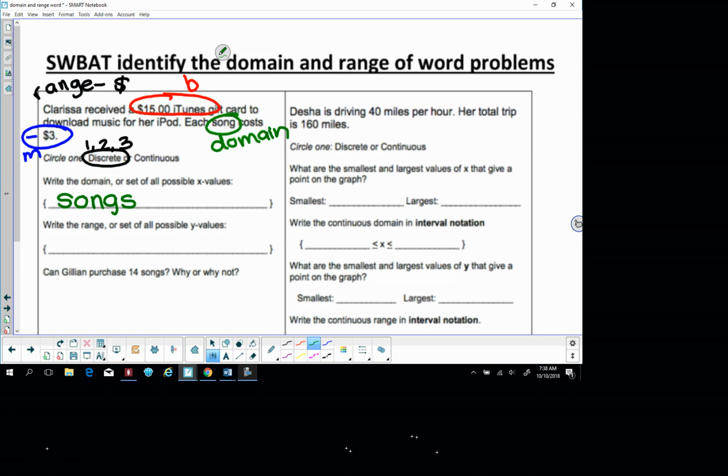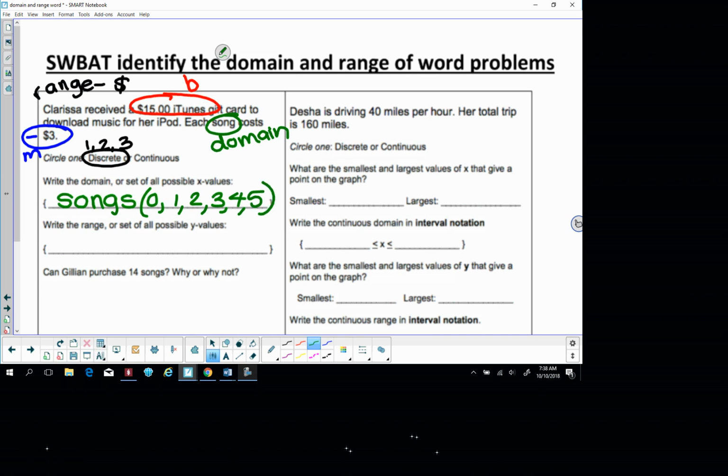Now, how many songs can she buy? They're each $3, and she has a $15 card. 5 songs total, right? So she can buy 0 songs, 1 song, 2 songs, 3 songs, 4 songs, and 5 songs. All those could be my domain.